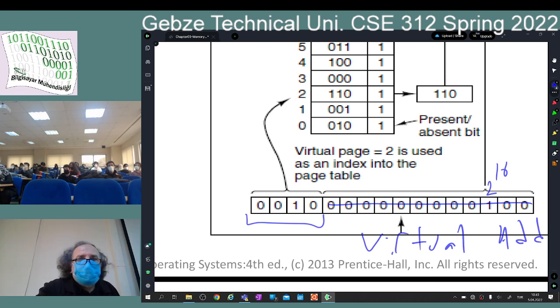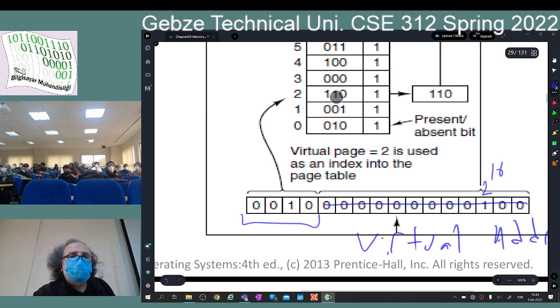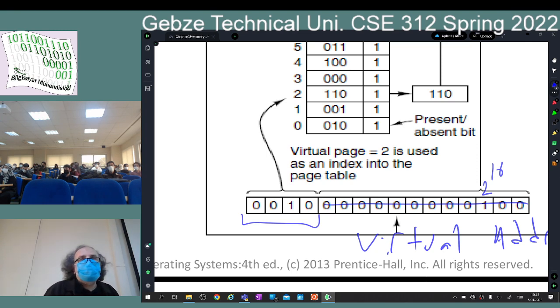So I look this up. It says that my physical page number is 110, which corresponds to 6. So in my physical memory, my page number is going to be this.